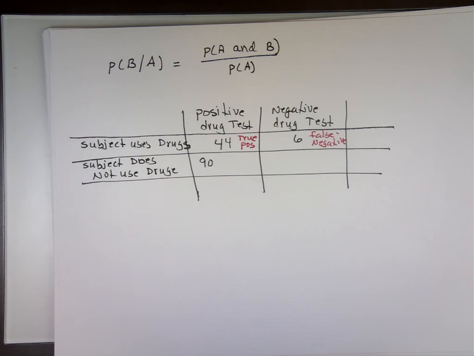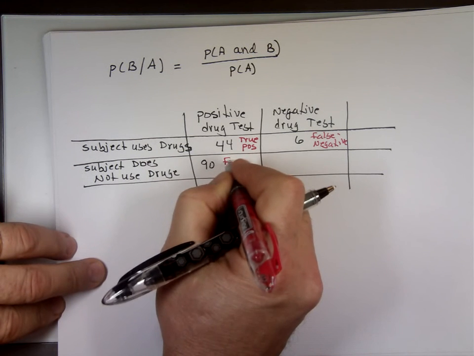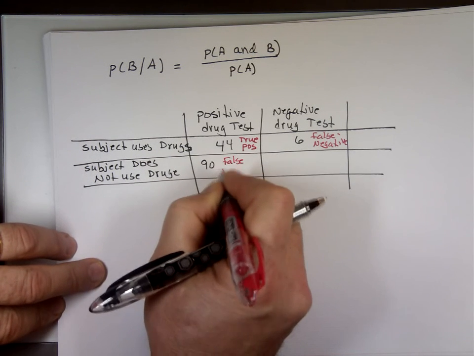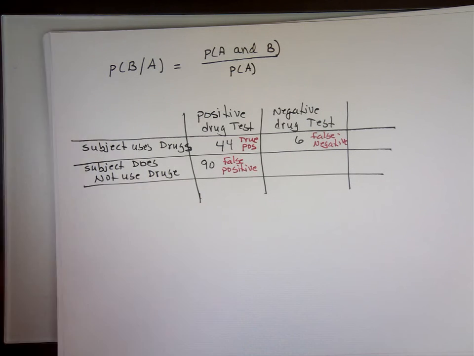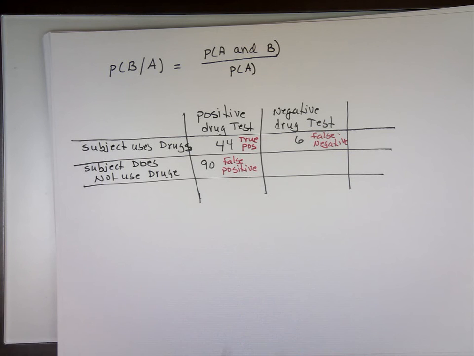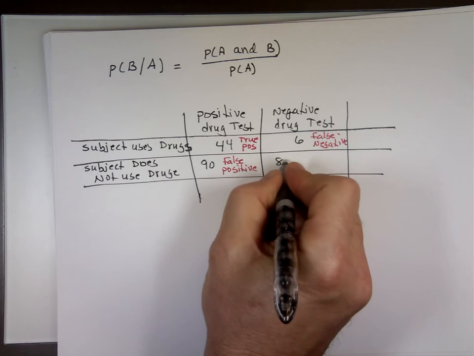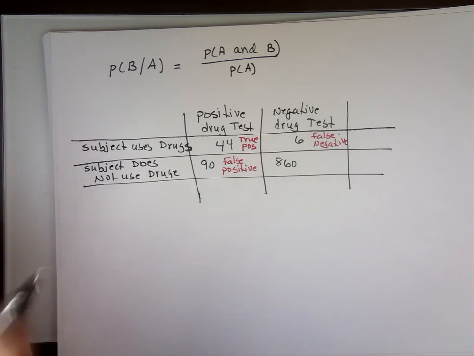That's false positive. And 860 of them came out negative, which is what? A true negative, because the person doesn't use it.